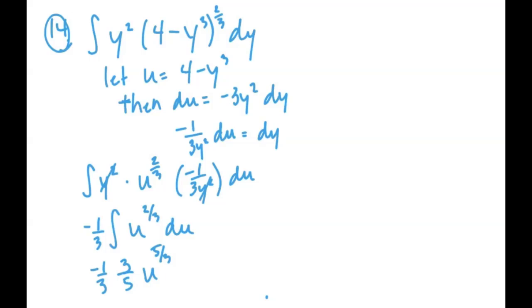And then we multiply by the reciprocal, which is 3/5. Multiply by the reciprocal, the same thing as divide, plus c. So the 3's cancel, and we have negative 1/5, and u is 4 minus y to the third to the 5/3 power plus c.